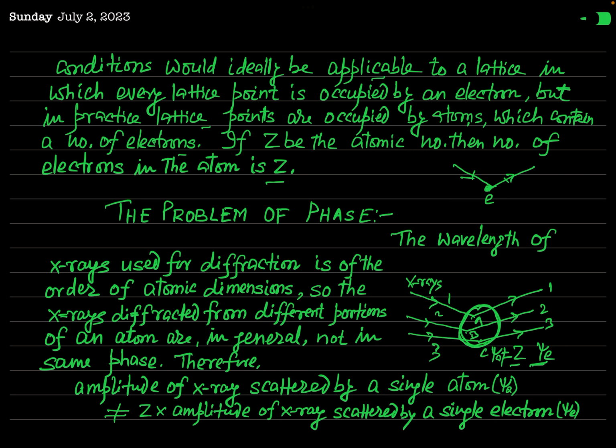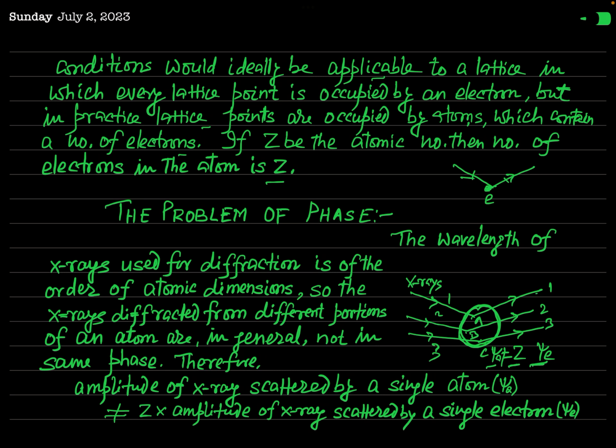Why is it not in general equal to Z times psi e? Because the scattered beams actually have phase differences. If all these beams were in the same phase, then psi a would be equal to Z into psi e.